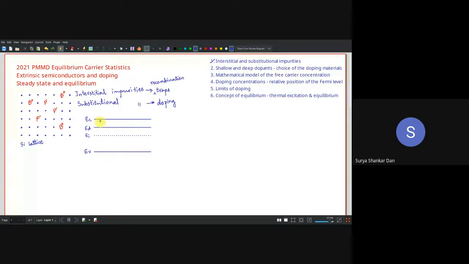This is the amount of energy that you have to provide to ionize the donor. So there would be free carriers here, the extra one electron in case of phosphorus. The moment you have doped it, remember, doped means substitutional impurity only. So the first thing I taught you today was the interstitial and substitutional.